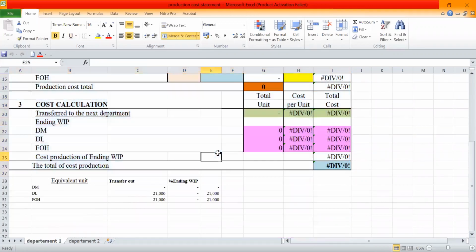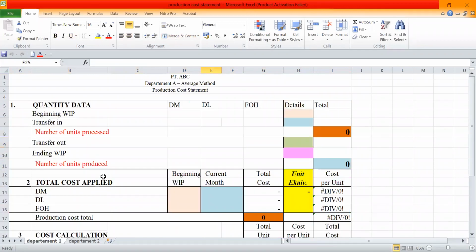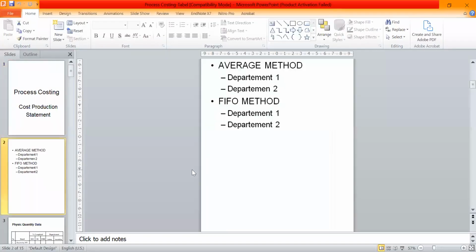In order to understand how to compile this production cost statement comprehensively, we need to work through an actual one using a case, so we need some information. Let's compile it together, based on our case number. When we're talking about process costing, we actually have two methods, average and first in first out.